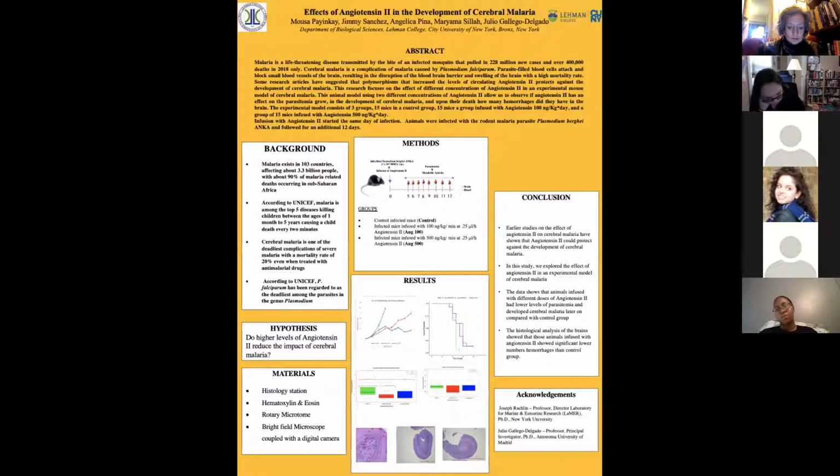In the study, we basically wanted to explore these effects, and again, the data showed our hypothesis that if you use angiotensin to treat cerebral malaria, you can impact it by inhibiting or slowing its effects.